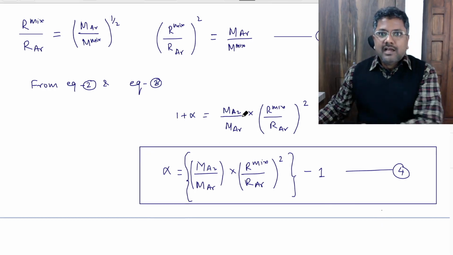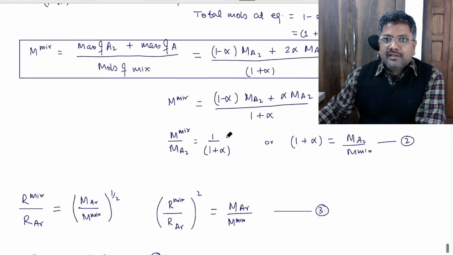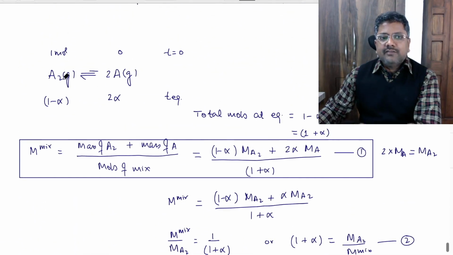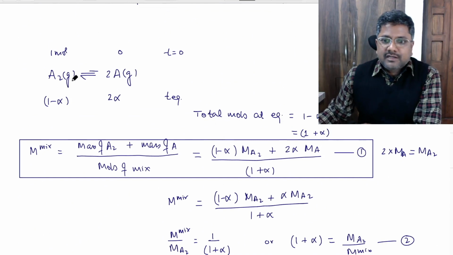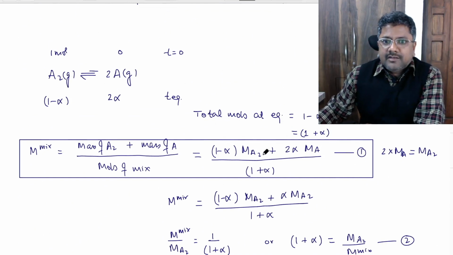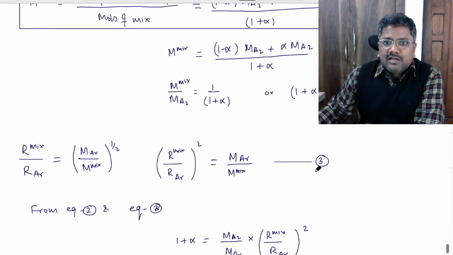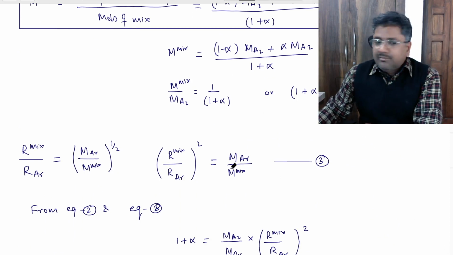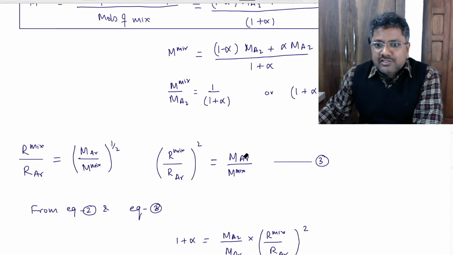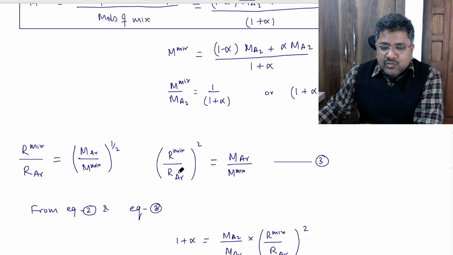right? And if this type of relation is not given there, suppose that here if PCl5 gives PCl3 plus Cl2 is there, so leave here Ma2 and Ma, make this one equation, calculate molar mass of mixture from here, because you know molar mass of argon is known, rate is known, it is given in the question, it should be given in the question.